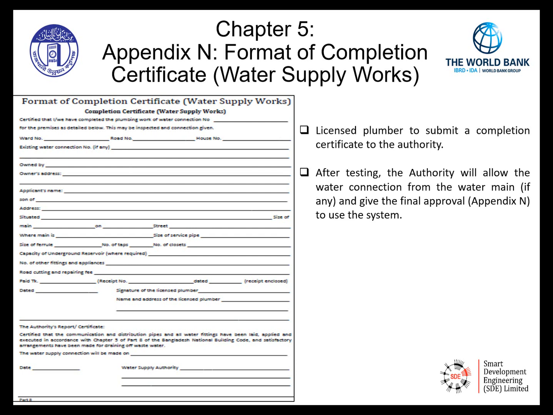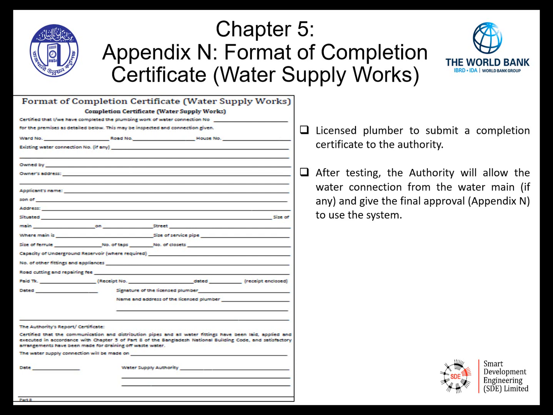Appendix N indicates format of completion certificate, water supply works. This is a completion form that is filled out by the licensed plumber and submitted to the authority when the work is done.